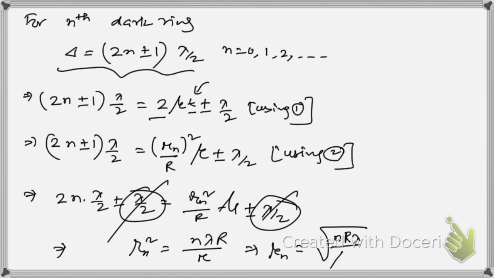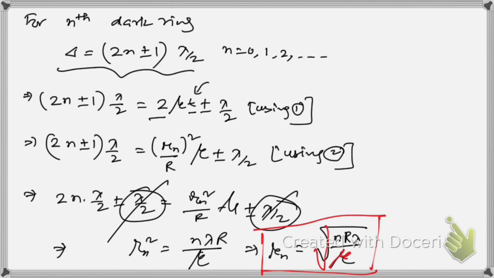So this is mu, right? This is not r, this is mu actually. So I made a mistake here. This is mu, right? So let me write it properly. So this is the expression for the radius of nth dark circle. This is mu, right?